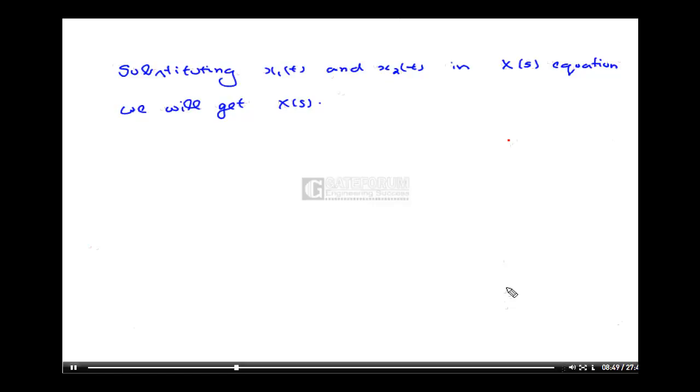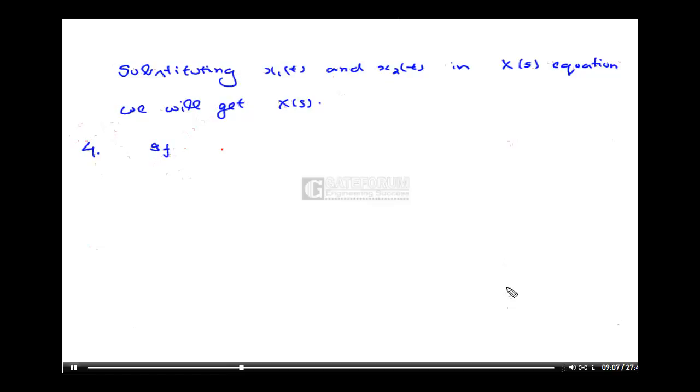Okay, now another variety of problem in which the Laplace transform is given and the region of convergence is given. We have to find the inverse Laplace transform of that.